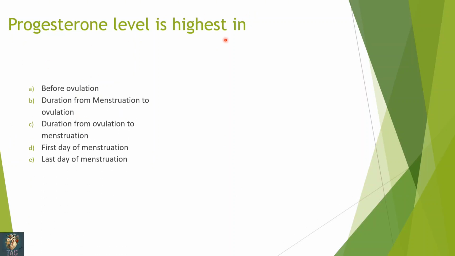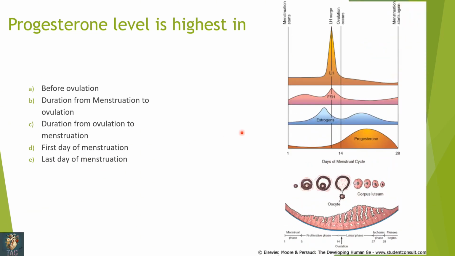Progesterone level is highest in which phase: before ovulation, the duration from menstruation to ovulation, the duration from ovulation to menstruation, the first day of menstruation, or the last day of menstruation. So here you can see these are the different phases of the menstrual cycle and the different hormones. In the first half of the cycle, you can see initially FSH is present, along with an increase in the level of estrogen.